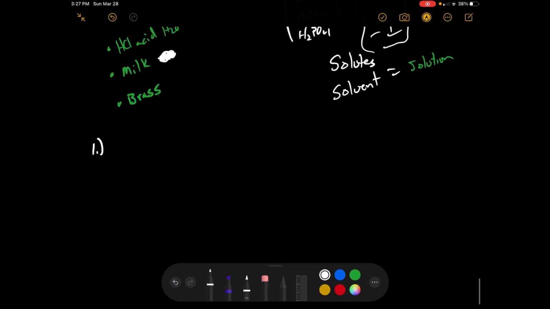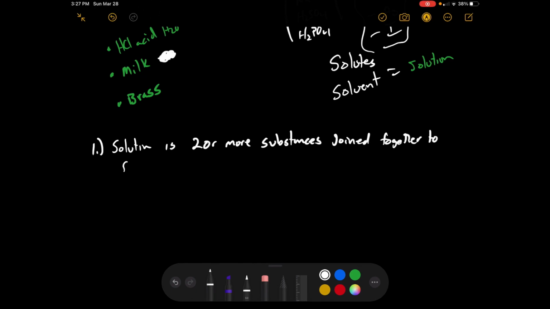What we should have learned, one, is that a solution is two or more substances joined together to form a homogeneous mixture.